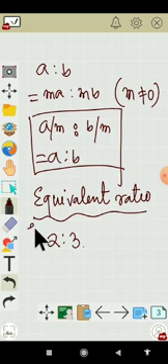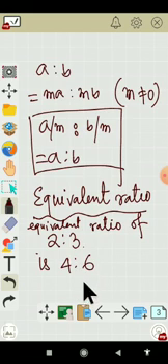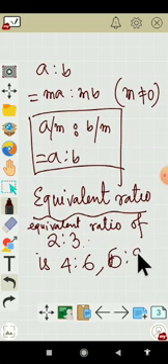So the equivalent ratio of 2 is to 3 is 4 is to 6, or we can say by multiplying both the first and second term by 2 we got 4 is to 6. Similarly, if you multiply by 3 you will get 6 is to 9. So these are the many equivalent ratios we can make from a ratio.